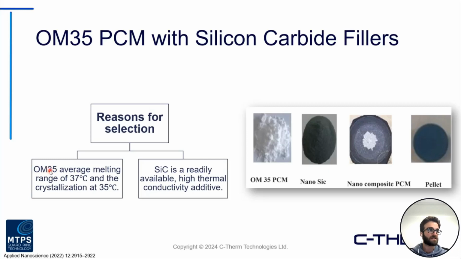They selected this PCM primarily for the melting temperature range and recrystallization around that 35, 37 degrees Celsius point. And the silicon carbide is simply a readily available, highly thermally conductive additive. So they worked with this, and you can see some images, a little bit blurry there, of how these samples were produced and the final pellet that was used for testing.